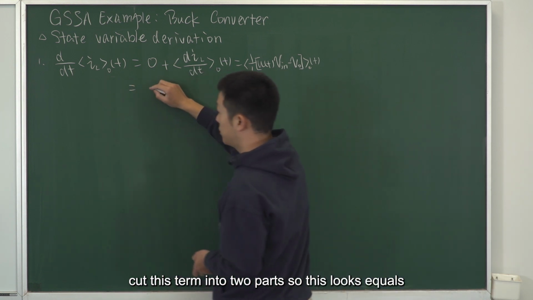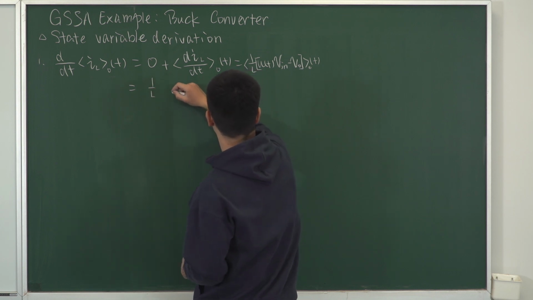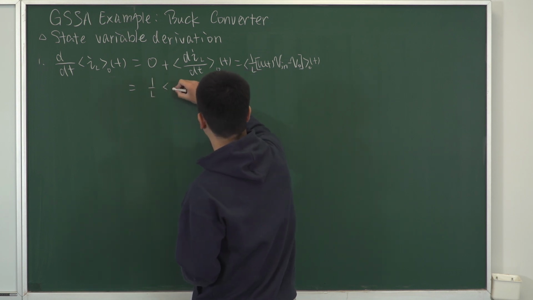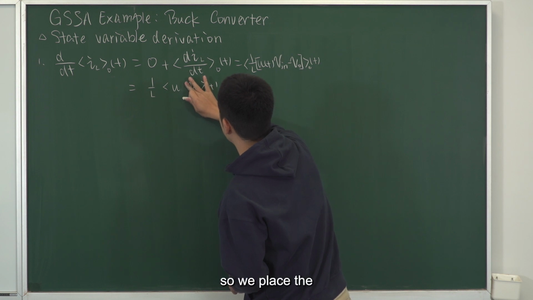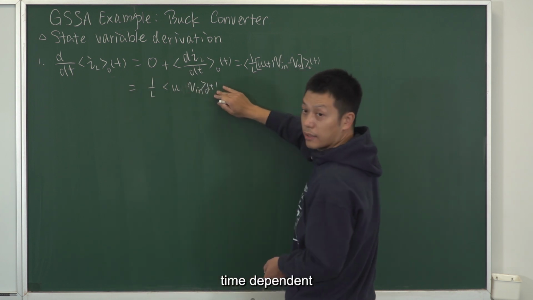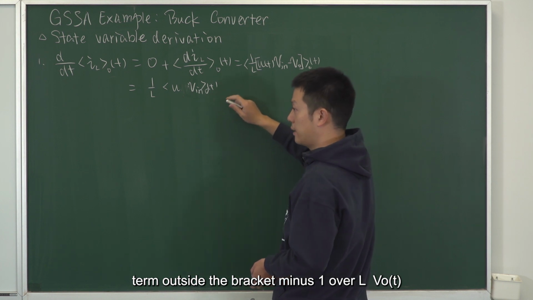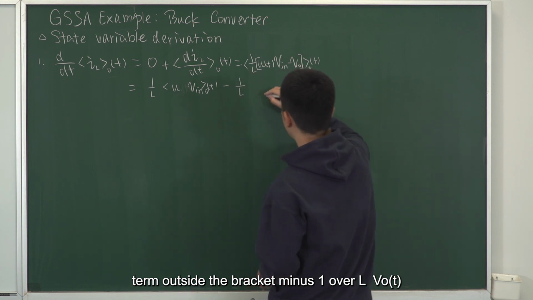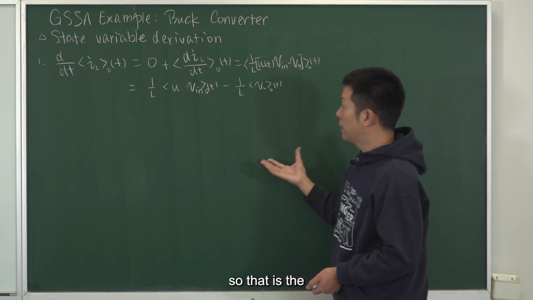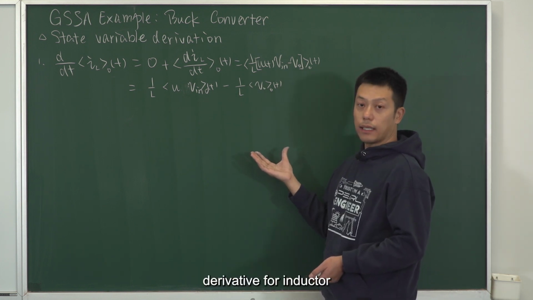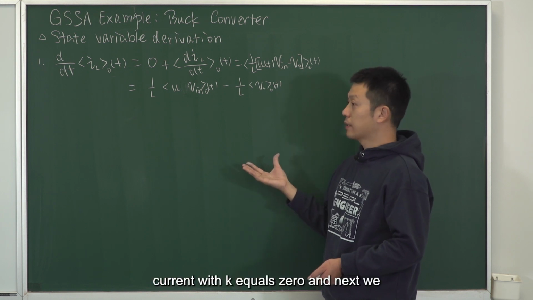So this will equal 1 over L times u(t) Vin, k=0 (t). So we place the time-dependent term outside the bracket, minus 1 over L times Vo, k=0 (t). So that is the derivative for the inductor current with k equals 0.